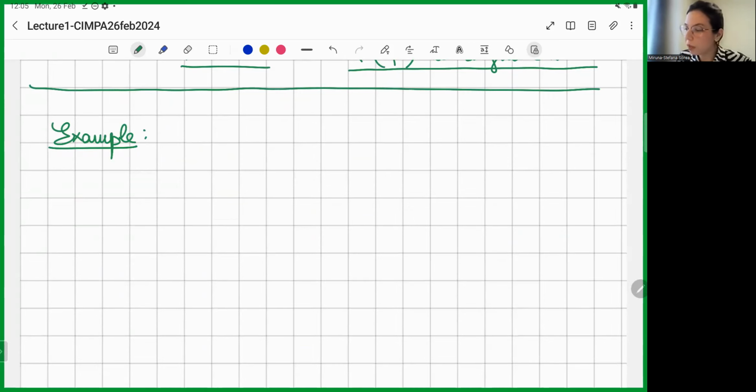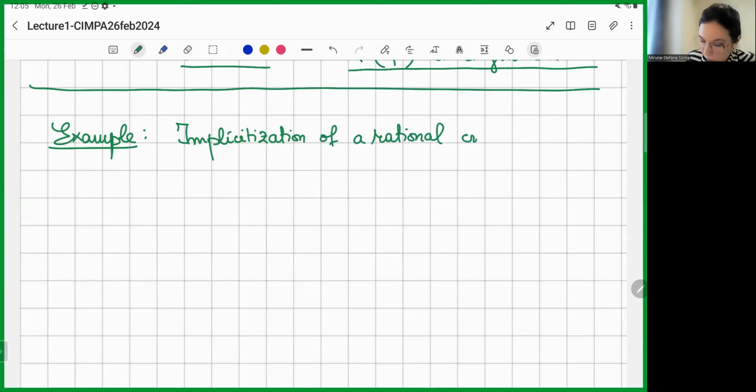That we can also apply in Macaulay 2 just now. So let's say implicitization, we call it this example, implicitization of a rational curve in the plane.